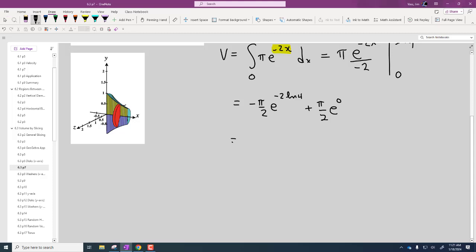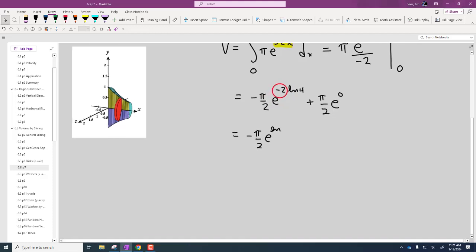And then here we can simplify also, so we have minus pi halves e to the natural log of, what do we do with the coefficient in front of a natural log? Put it as a power.